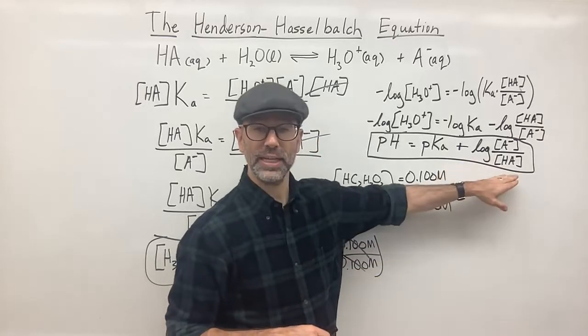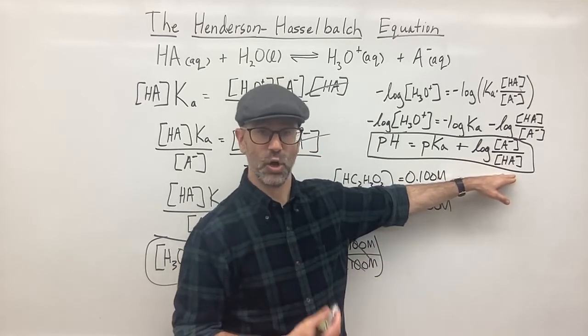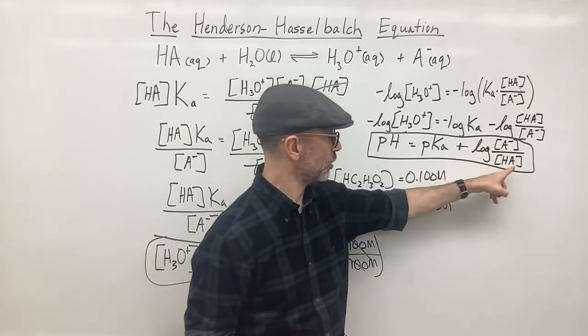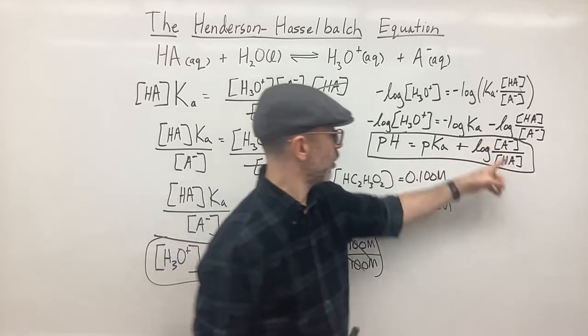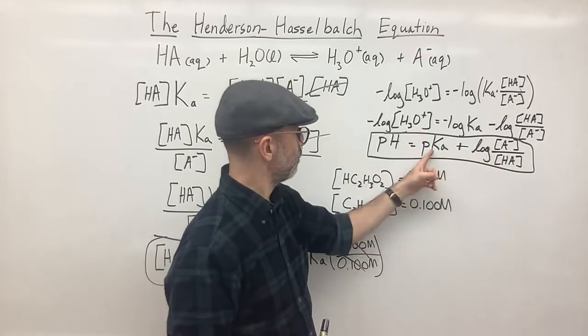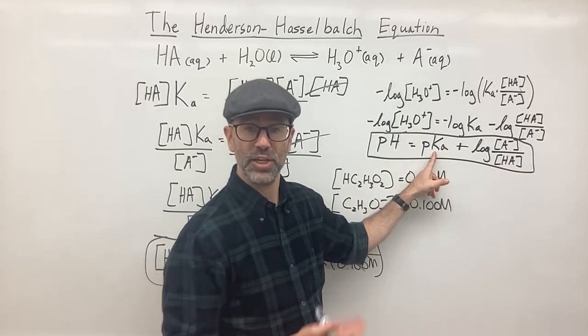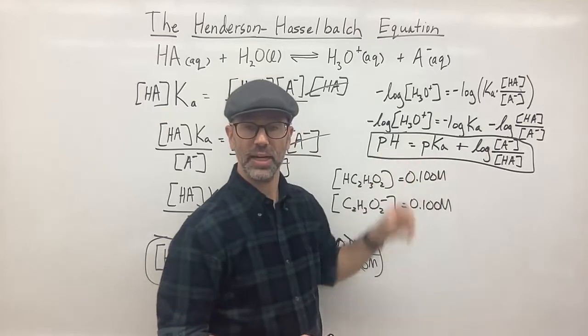So if I know the initial conditions and the X is small approximation holds true, then I can put the initial concentrations that I'm given for my buffer in, figure out the pKa of the acid, and then I can figure out the pH.